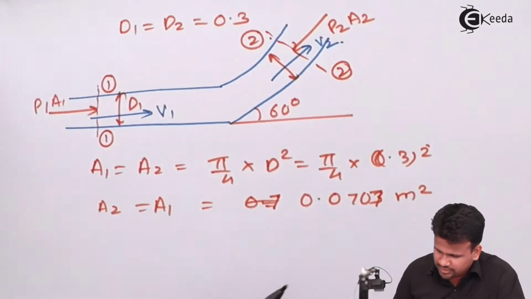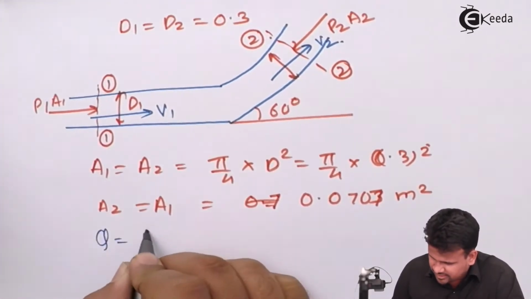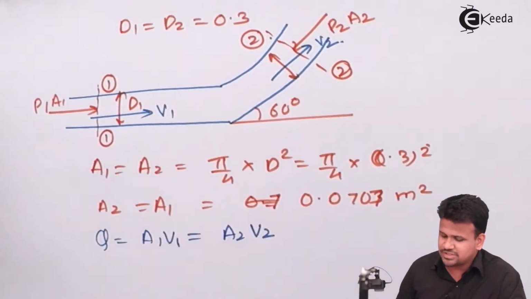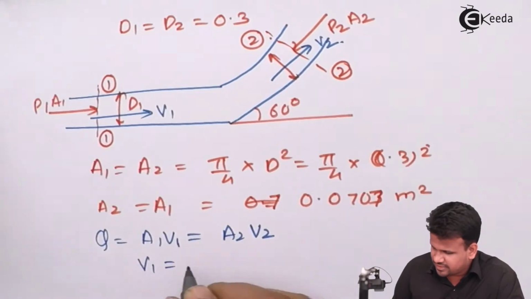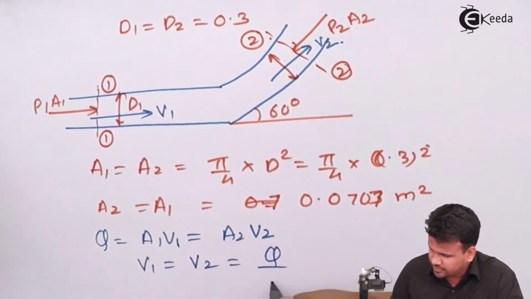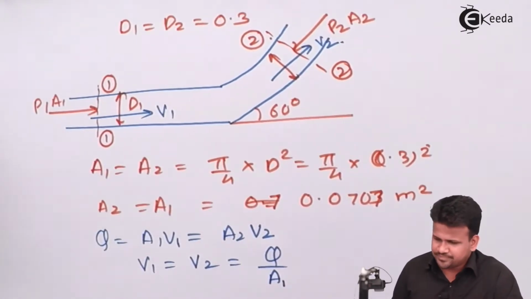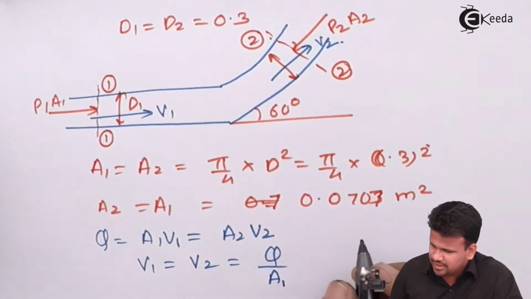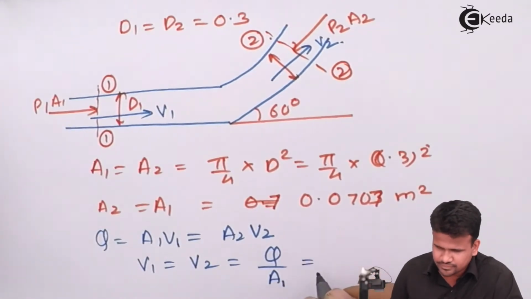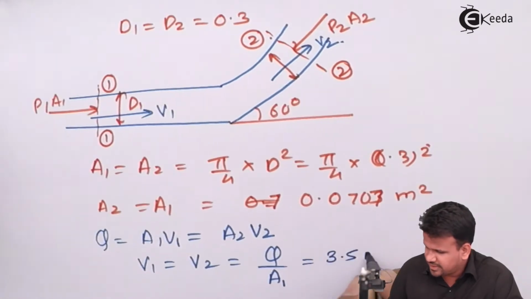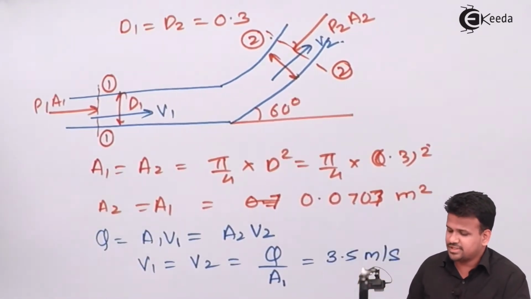Then we know that Q is equal to A1 V1 equals A2 V2, but since the area of cross section is the same, the velocity will also be the same, that is Q upon the net area, A1 or A2, both are same. So this will be equal to 3.5 meters per second. Actually the velocity is given to you.